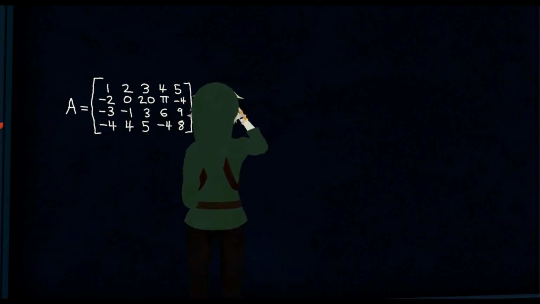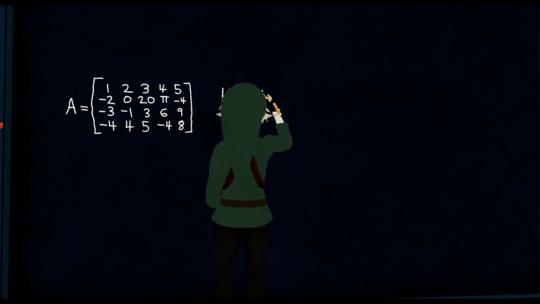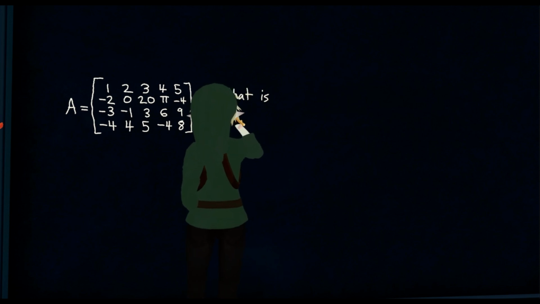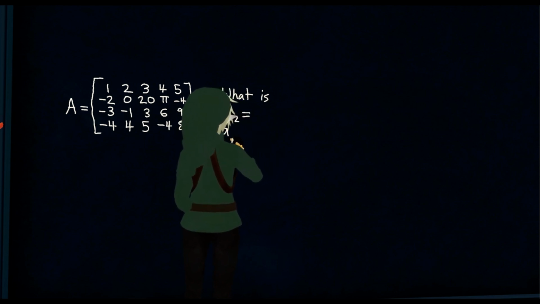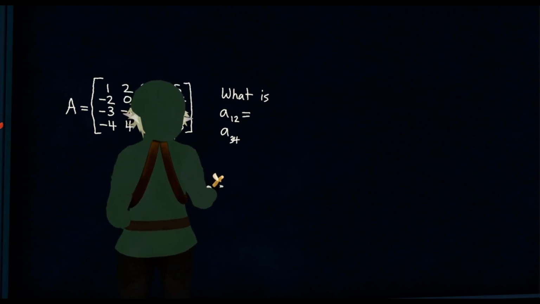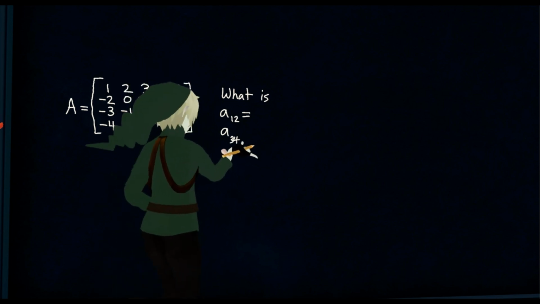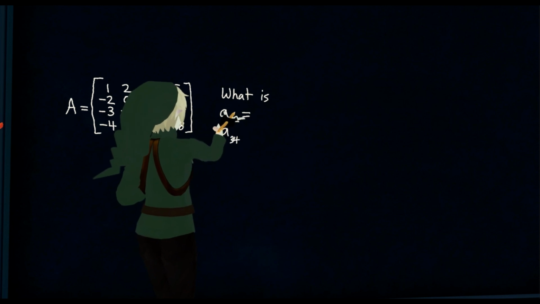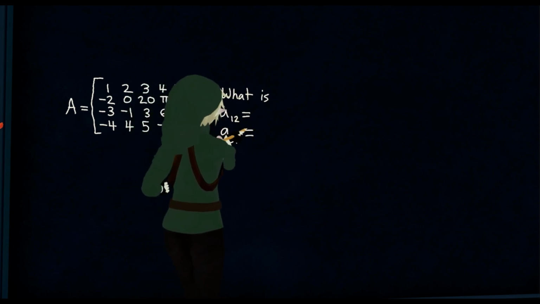And then let's say I asked you, what are the entries? What is entry A12 and A34? If you see this notation here, this means that these are entries.